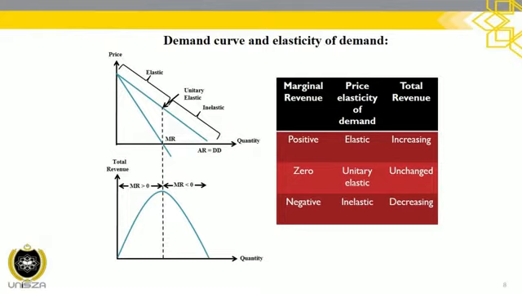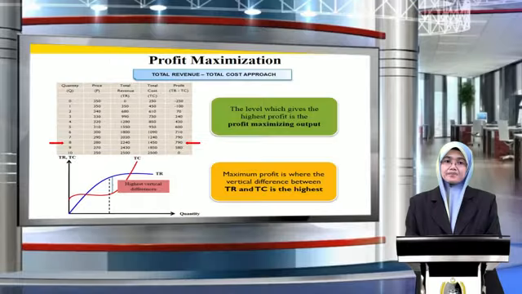Finally, when marginal revenue is zero, demand is unitary elastic, meaning that the change in price does not change the total revenue, which is at its maximum. The table summarizes the relationship between marginal revenue, total revenue, and price elasticity of demand when the price falls.